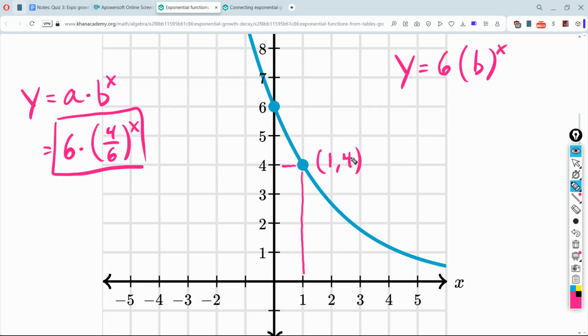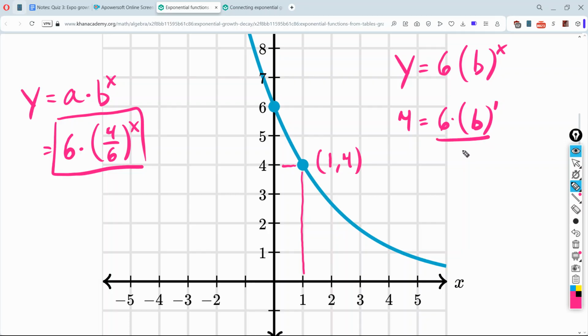If you plug in 4, this is the y coordinate, if you plug in 4 for y, and you keep the 6, you keep the b, and in place of x, that's your x coordinate, that's a 1. B to the first power is just b. This is times 6.